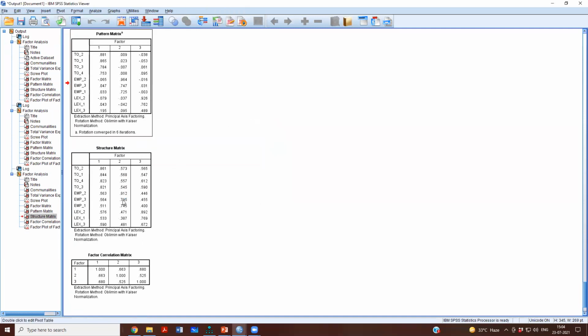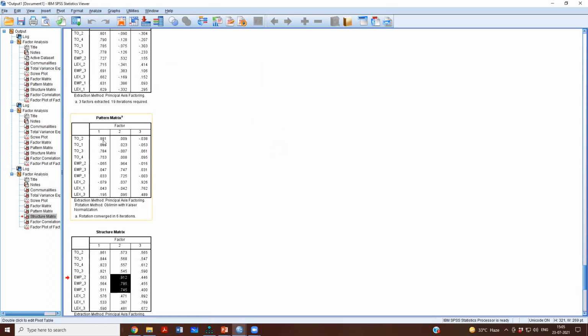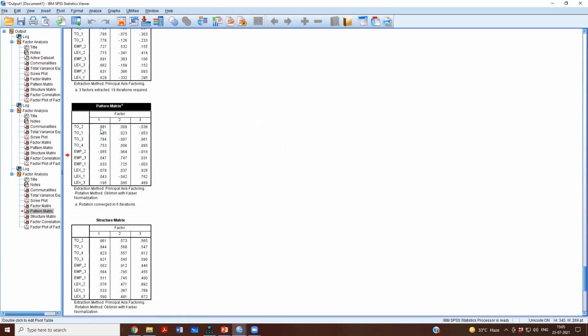What is important for us to see is the structure matrix. Now, when I say that there should be 3 factors, I get TO 1, 2, 3, 4 loading onto factor 1, EMP 1, 2, 3 loading onto factor 2, and I get, sorry, this is the pattern matrix.